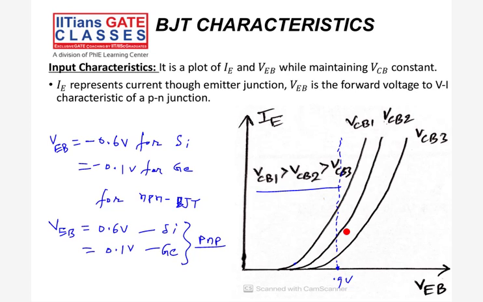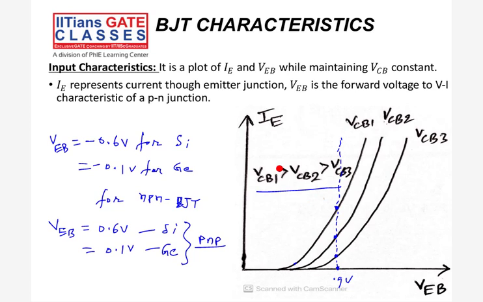For this given value, if VCB is lesser, lesser IE will be there. If I increase VCB, higher IE will be there, and then higher IE will be there. I'll be having 3 IEs.